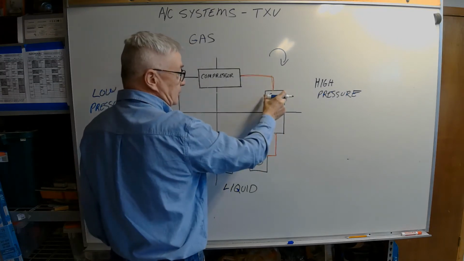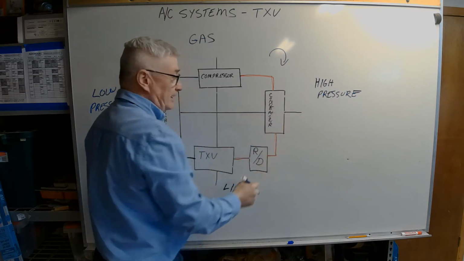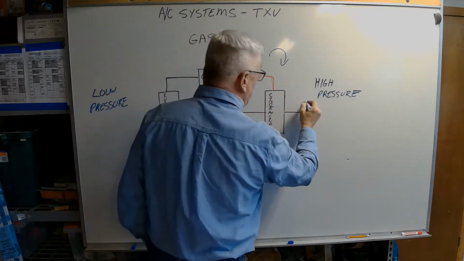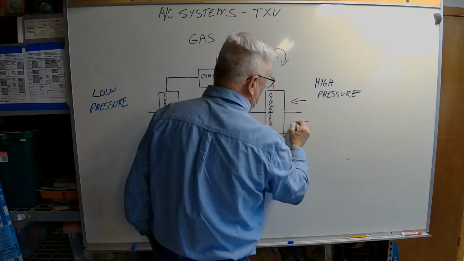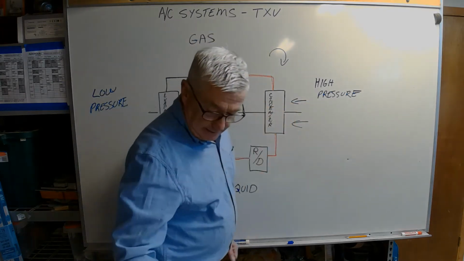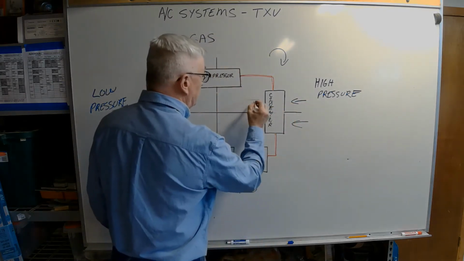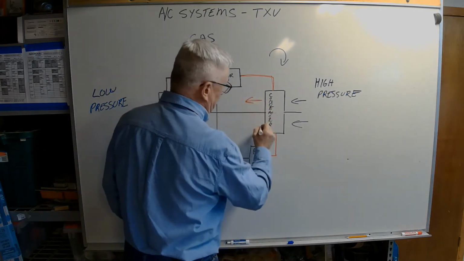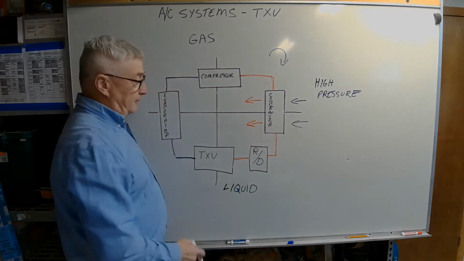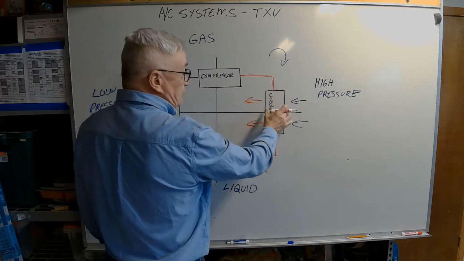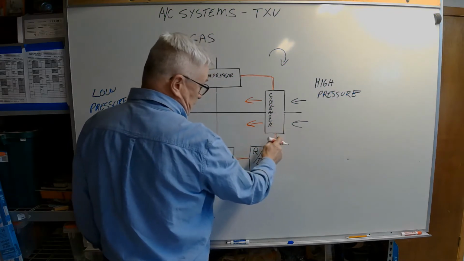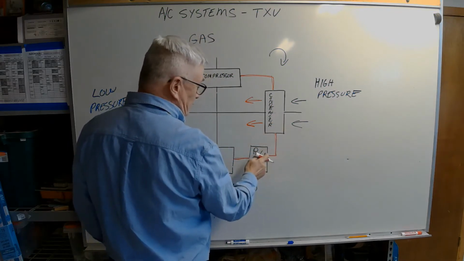What happens to the gas as it passes through the condenser is that it condenses a little bit because the air moving over here takes the heat and removes that heat back out to the atmosphere. As that gas condenses, that's why we end up with a high pressure liquid coming out of that and into the receiver dryer.